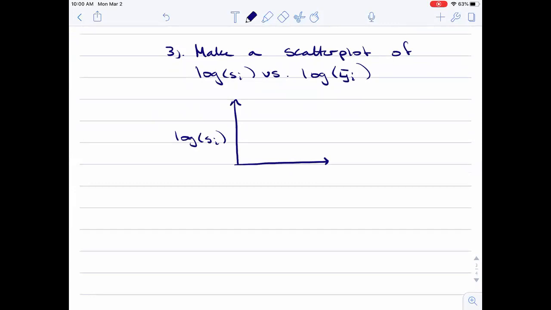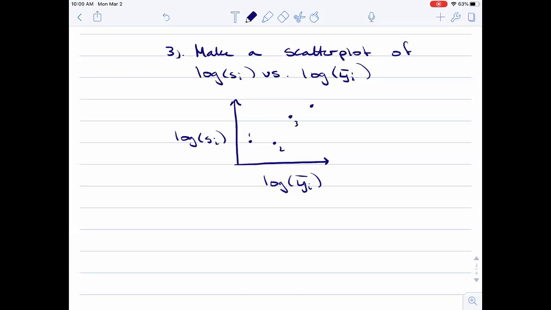So logs of the SIs against the logs of the YI bars. Let's say you've got group 1, group 2, group 3, group 4.